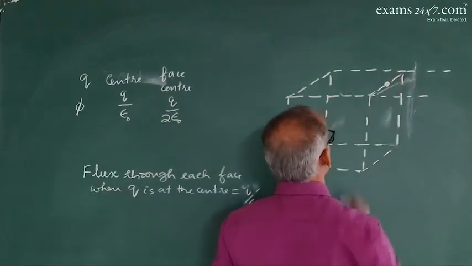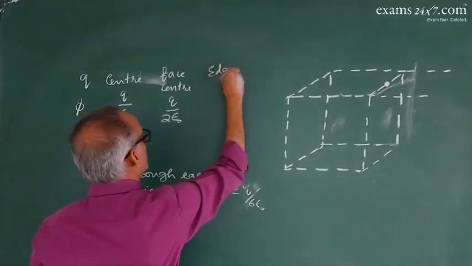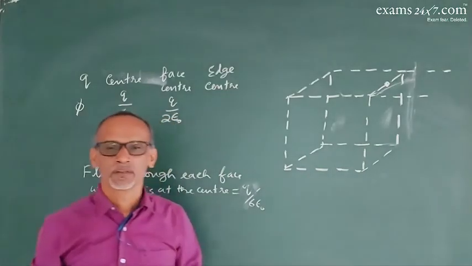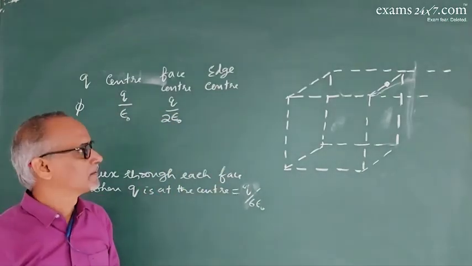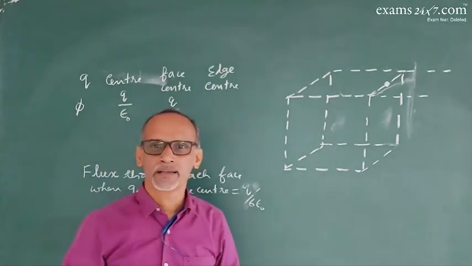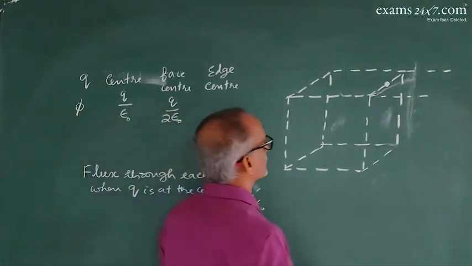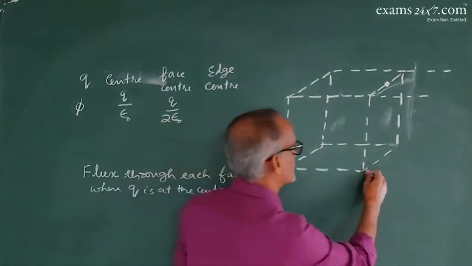Now, I'm going to place the charge at the edge center. When it's placed at the edge, again, it's not enclosed by the cube. So to enclose it, I have to assume 2 more cubes above these 2.